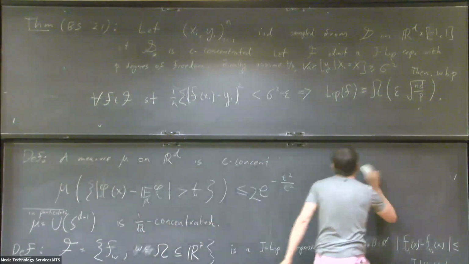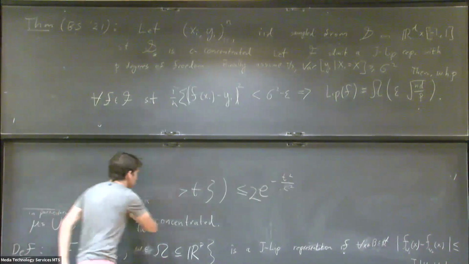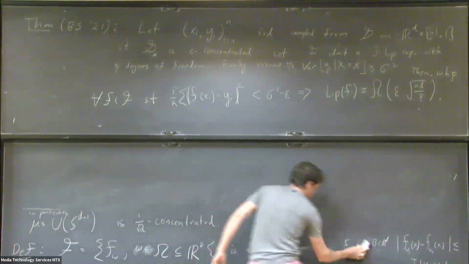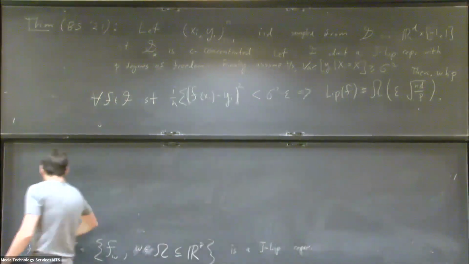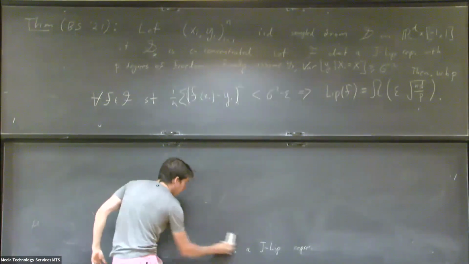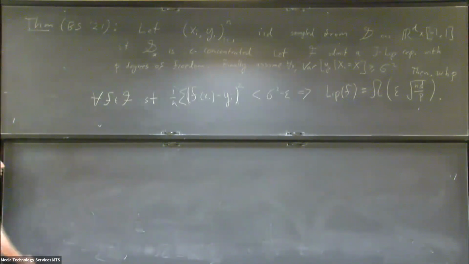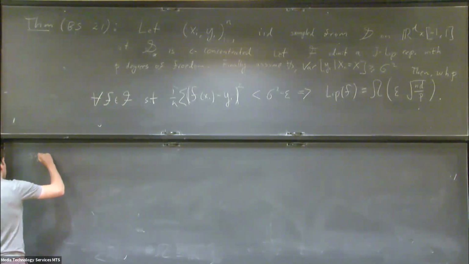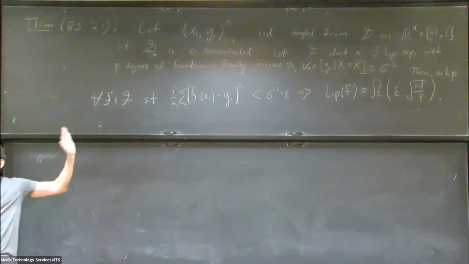Okay, let's prove this theorem. Let me first explain the proof of a weaker thing that will give you a very clear intuition on why this is true. So suppose yi are just pure noise.